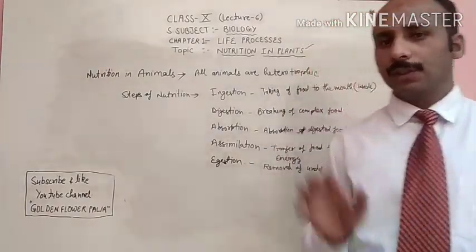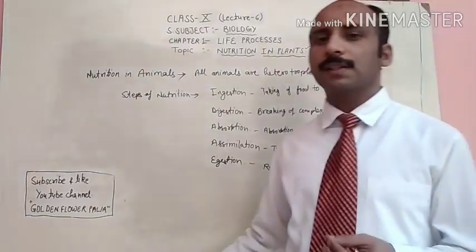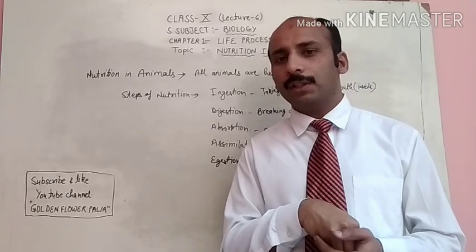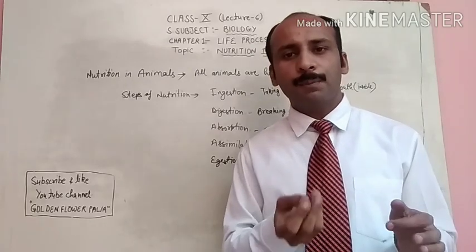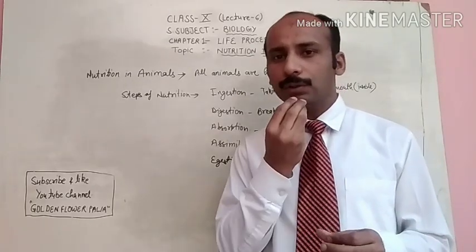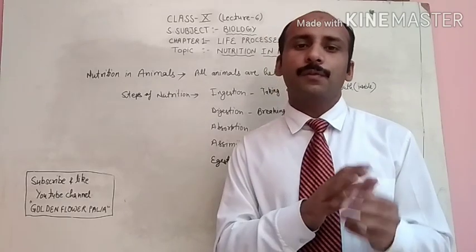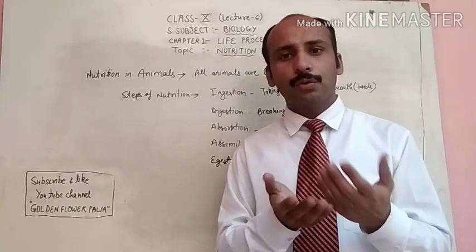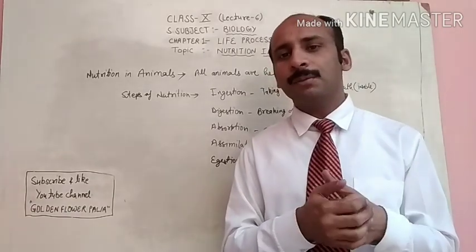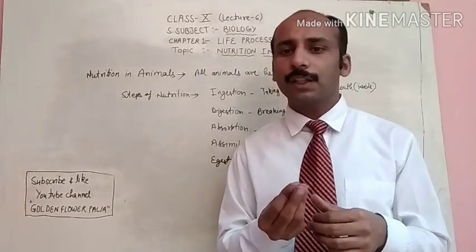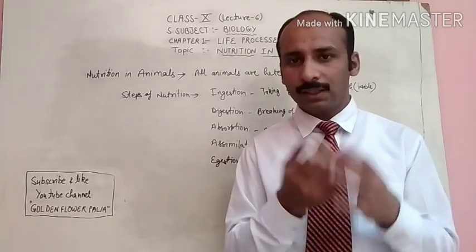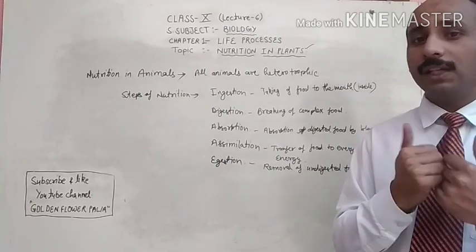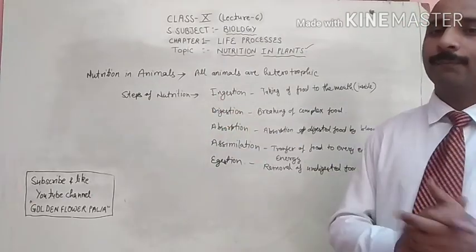I have written here, just I am telling you the summary. Ingestion is the process of taking food inside the body, or you can say taking food to the mouth, to inside the mouth. For example, amoeba does not have any mouth structure, so ingestion in an amoeba is the process of taking food to inside the body, engulfing. In means inside.